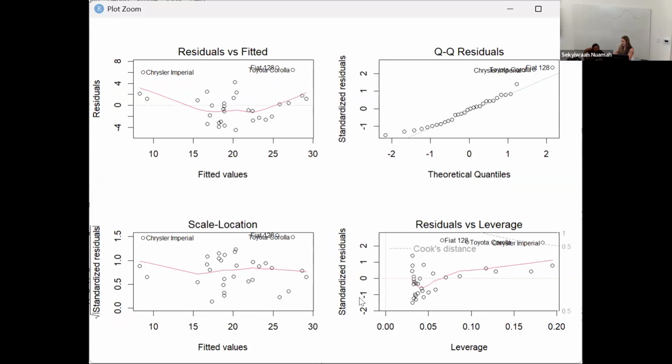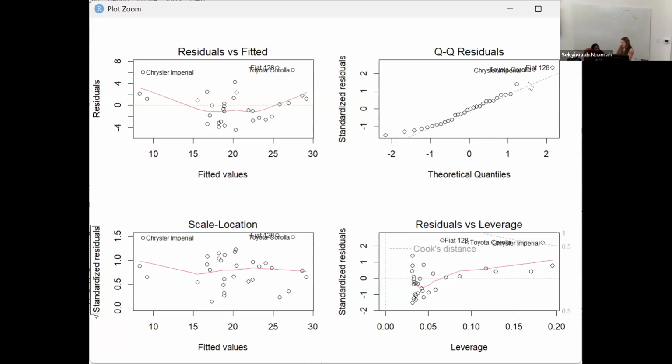This is how we check if there are outliers, if there are leverage points, if the data follows a normal distribution, if there's non-constant variance, all of the above. So all of these plots help you determine if your assumptions are met. The same thing with the QQ plot of the residuals. We saw QQ plots earlier.